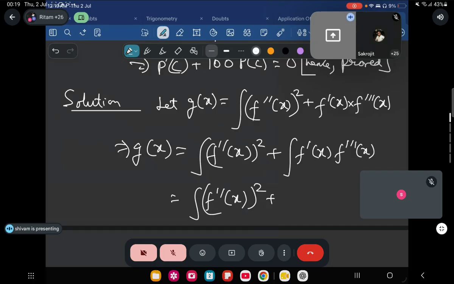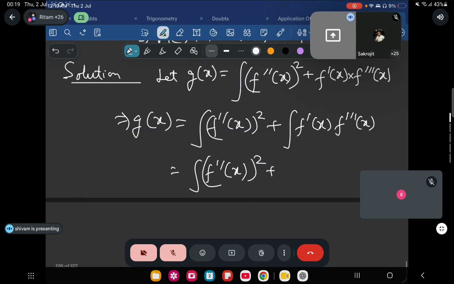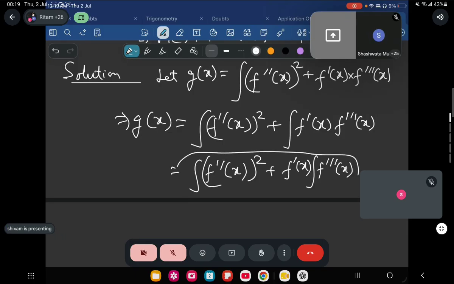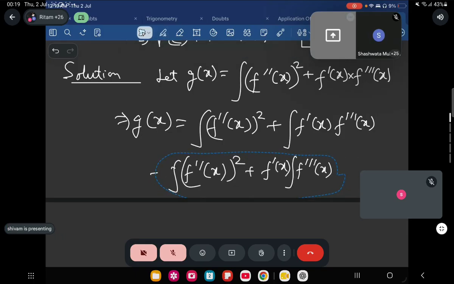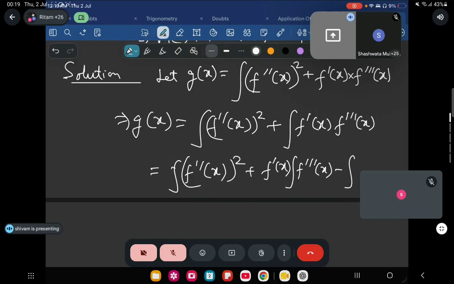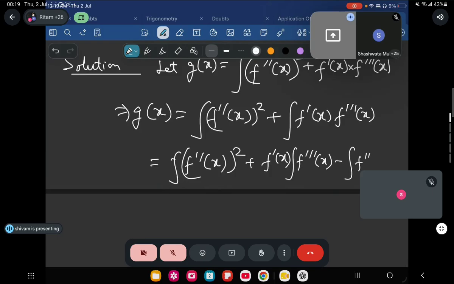It is better to integrate f triple dash x and differentiate f dash x. So we'll get f dash x into integral of f triple dash x minus integral of d by dx of f dash x, which is f double dash x, into integral of f triple dash x.